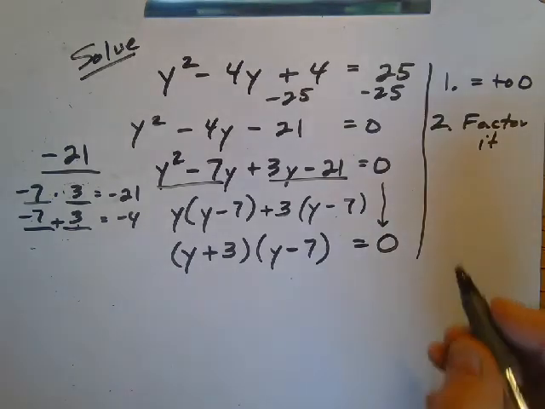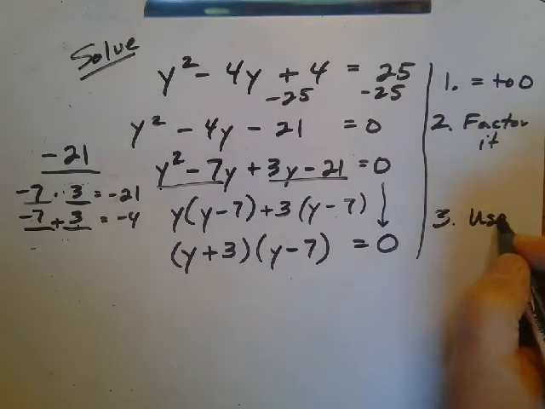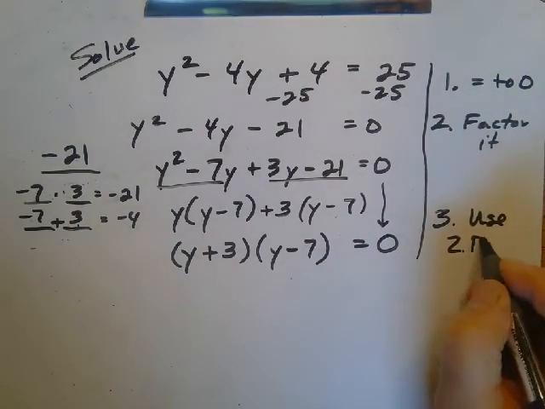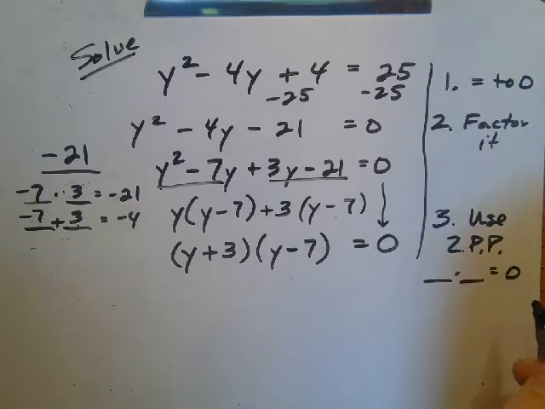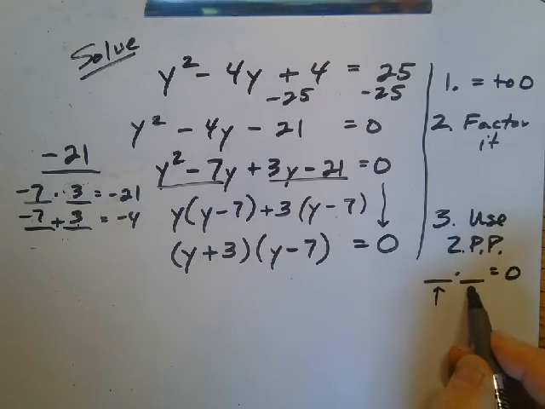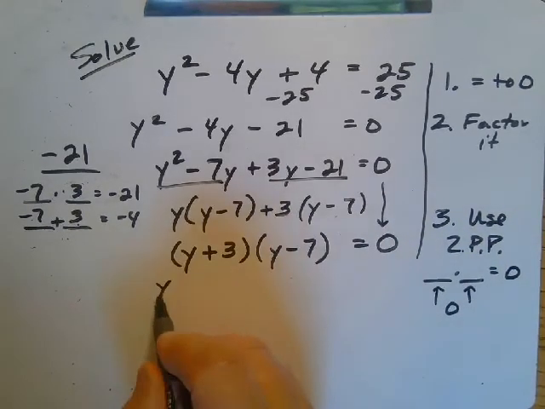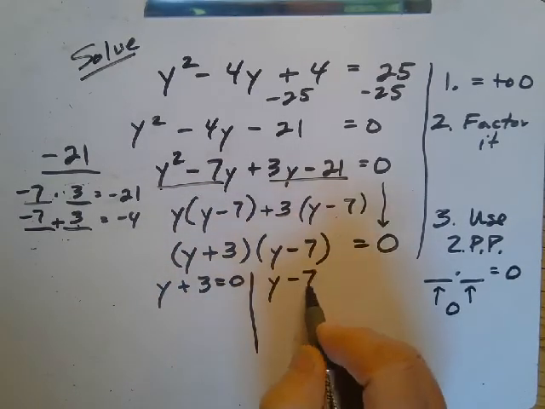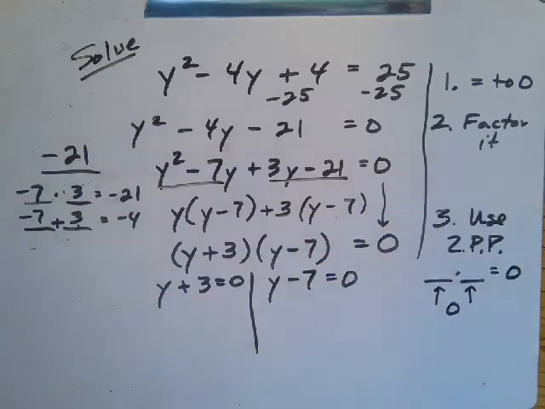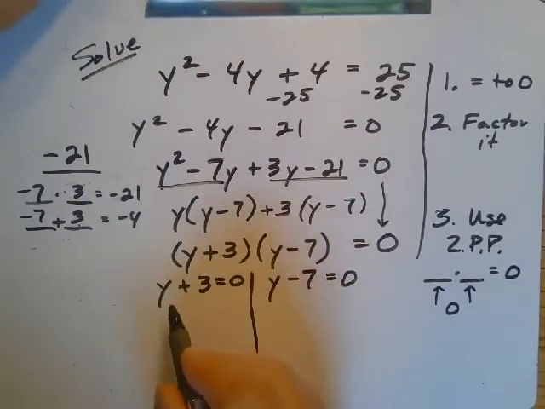In order to solve it, we're going to have to use the zero product property, and that's that property that says if I multiply two things together and get 0, one or both of these must be 0. So let's set each one of these equal to 0. I go into a lot more detail on this in an earlier video, so make sure you watch all the videos here.